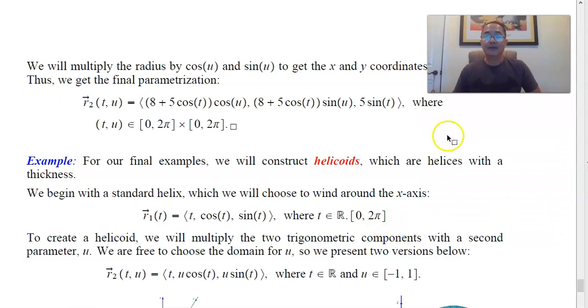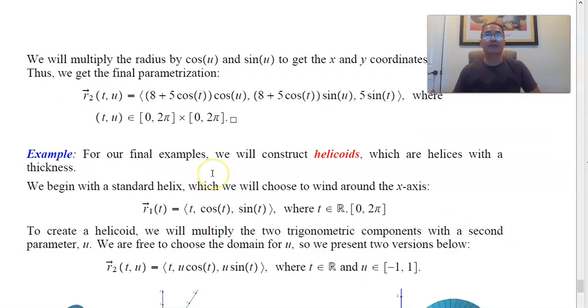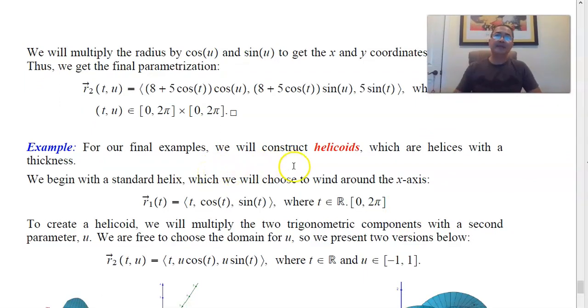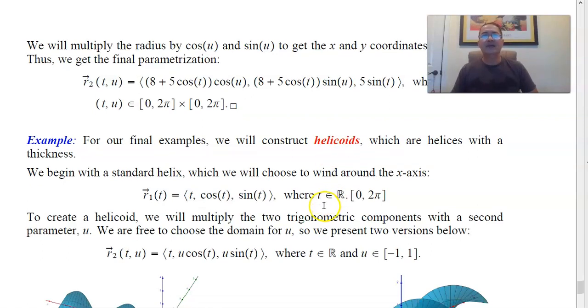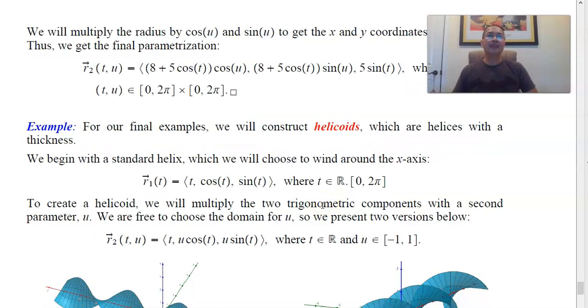All right. For our final example, we have what's called a helicoid. It looks like a helix and paraboloid put together. How do you make a helicoid? You basically take a helix and you give it a thickness.